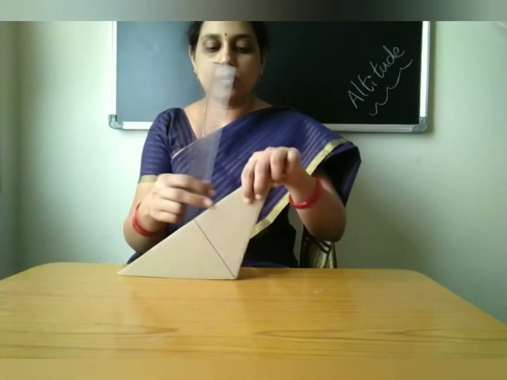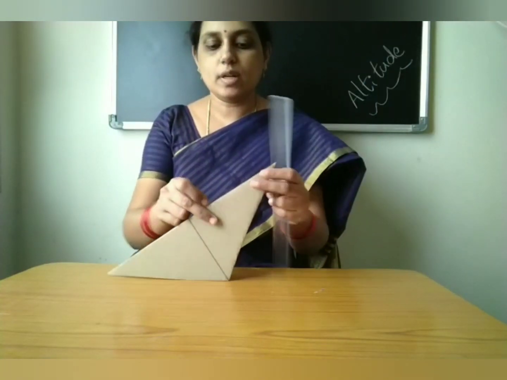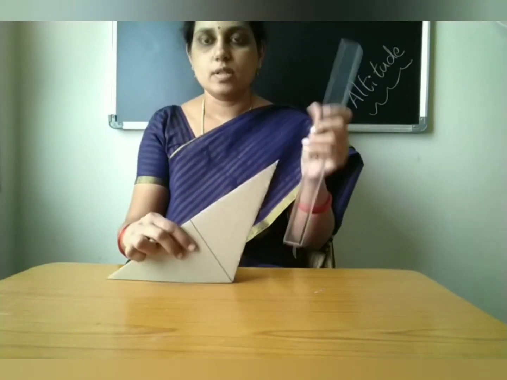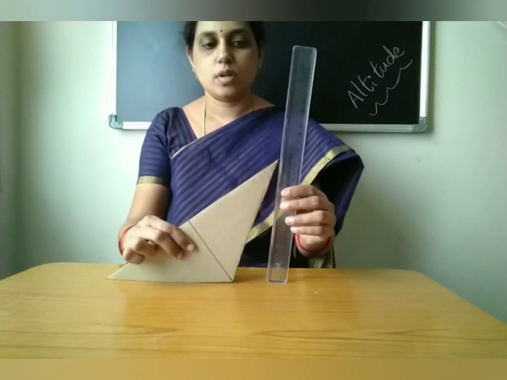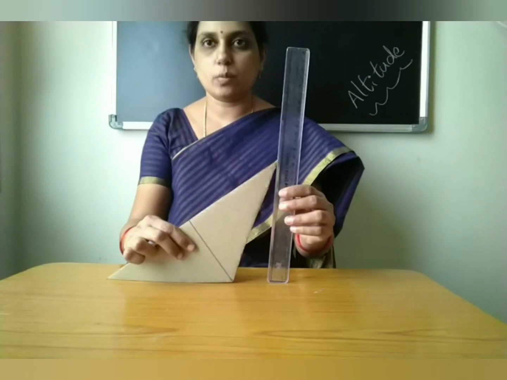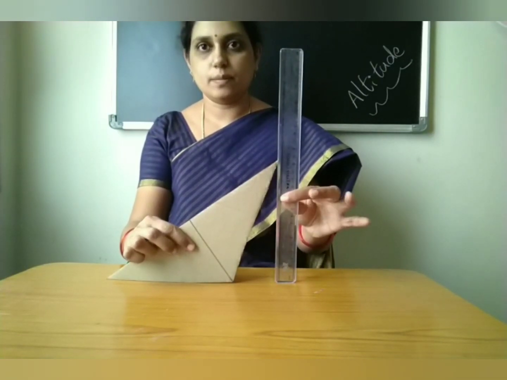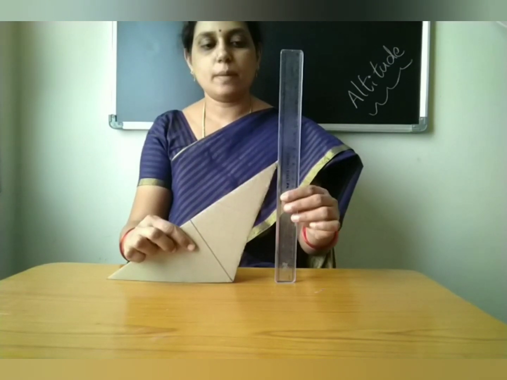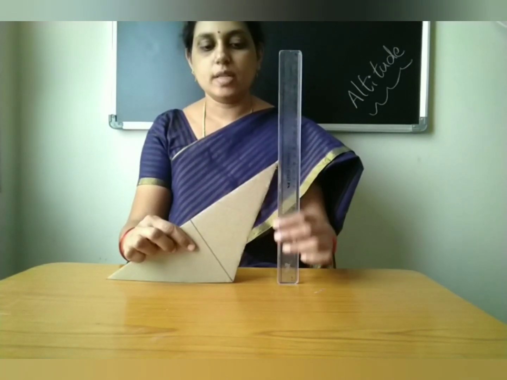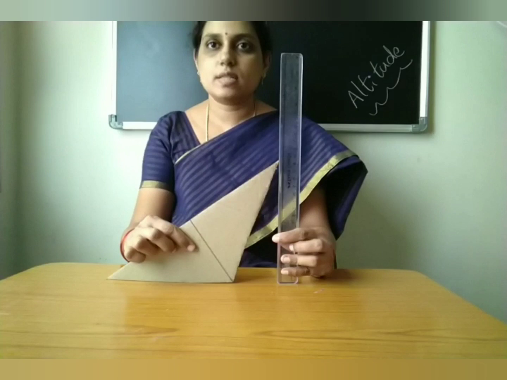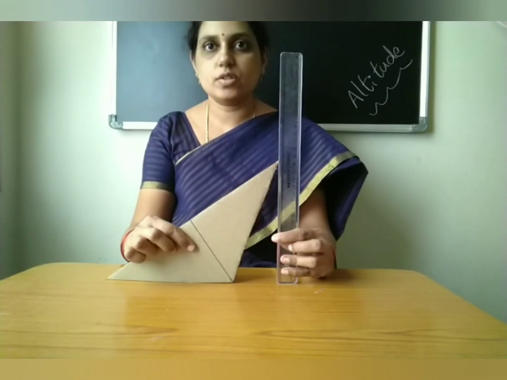Now in one more position we will see. So here the obtuse angle is formed. If you have to draw the perpendicular from the top vertex to the base, then even here the altitude is completely lying in the exterior of the triangle. Understood, children?